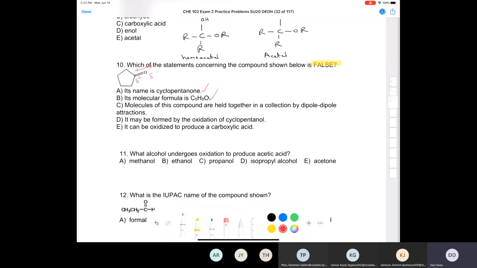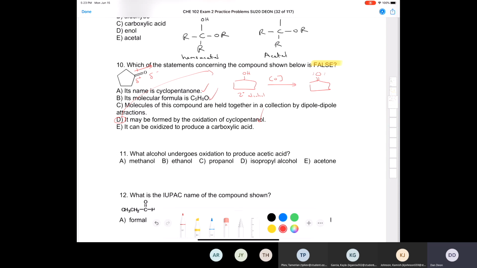Can be formed from the oxidation of cyclopentanol. So D, if I take cyclopentanol, which we looked at in the previous question, it is a secondary alcohol. And as we talked about earlier tonight, if I oxidize a secondary alcohol, I get a ketone. So that seems reasonable.